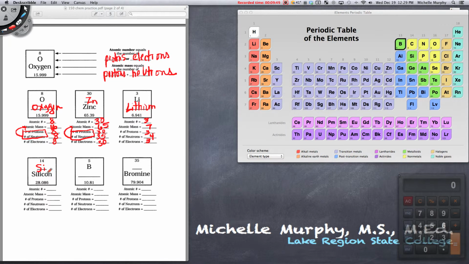Silicon is Si. Don't get it confused with sulfur, which is S. Atomic number of 14, atomic mass of 28, number of protons 14, electrons 14, neutrons 28 minus 14 is also 14. And that continues on for the rest of these. Boron, atomic mass 11. Remember, we're going to take it to the nearest whole number. 5, 5, 6, because 11 minus 5.